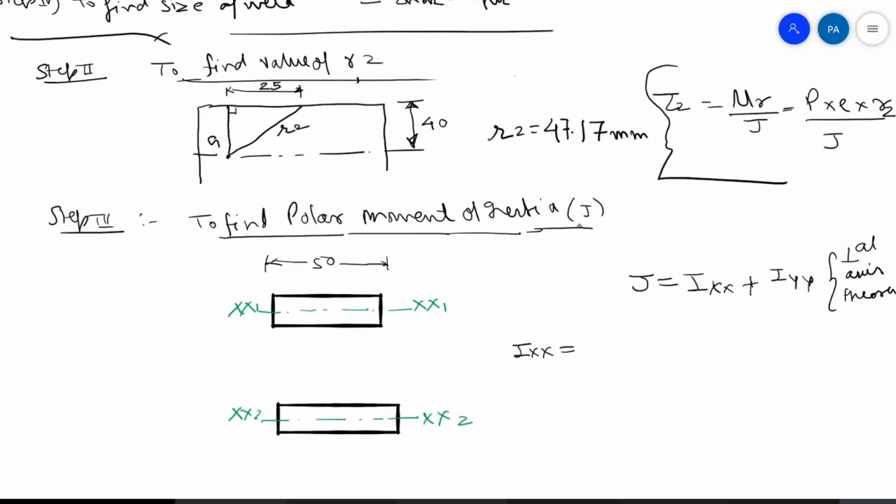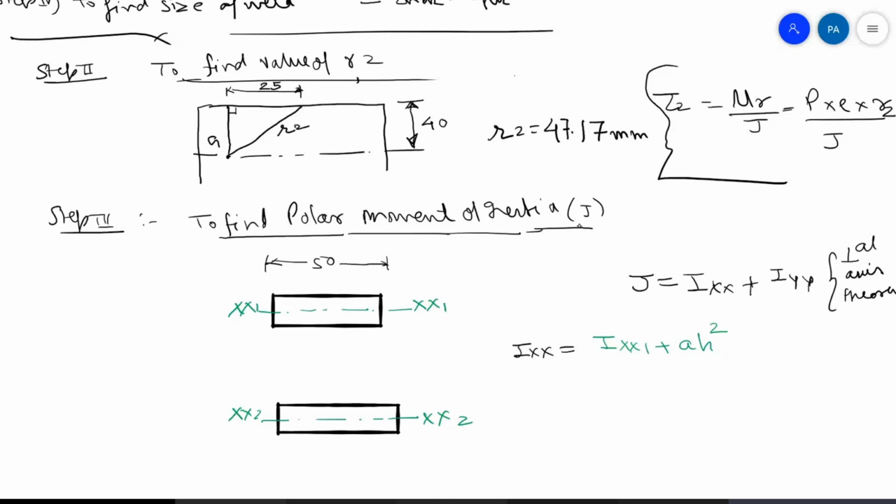Now moment of inertia Ixx is what? How do we find it? Sir, the side parallel into the perpendicular side cube upon 12.